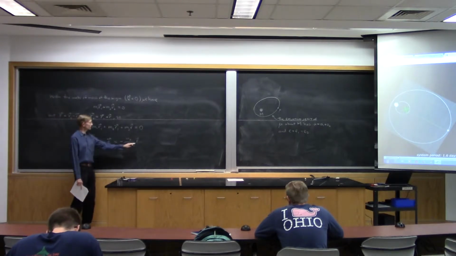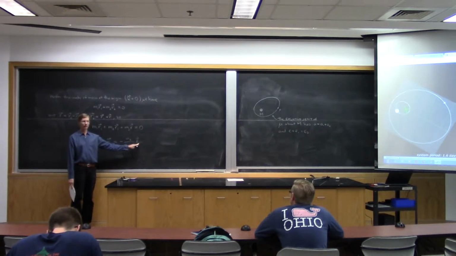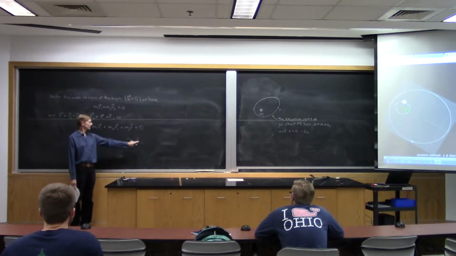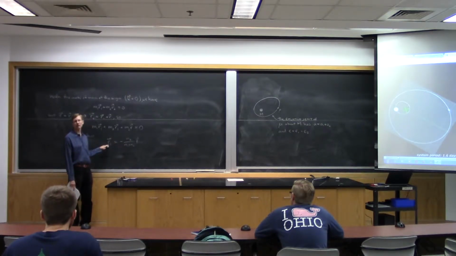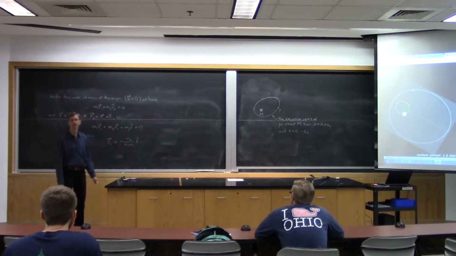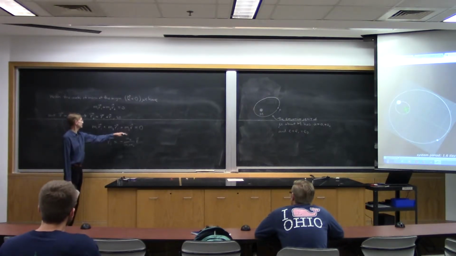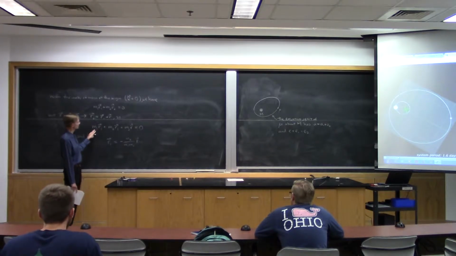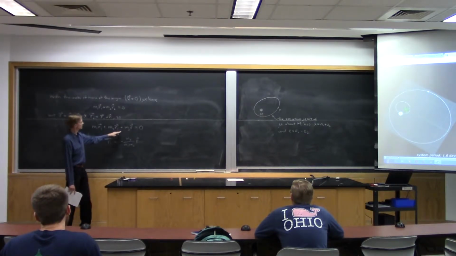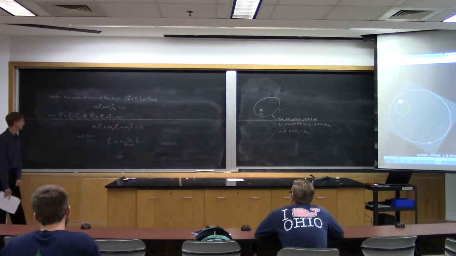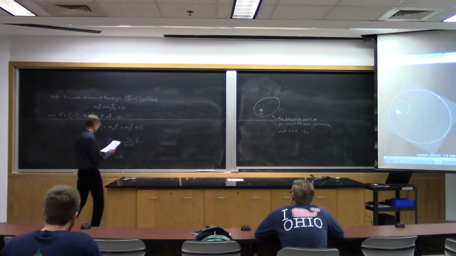In other words, if I know the value of R, and I know M1 and M2, back to the original two-body problem. If I know where R is, I know where R1 is. So here I just solved this for R1. This is M1 plus M2, the quantity R1, plus M2R is equal to 0, so then I just divide through by M1 plus M2 and write that R1 is minus M2 over M1 plus M2 R.